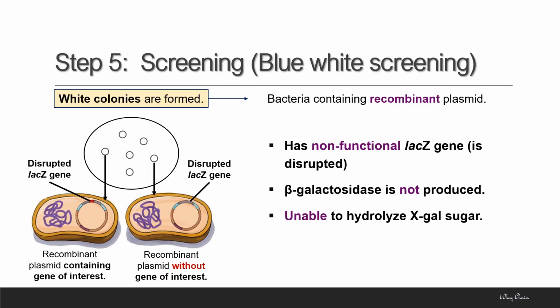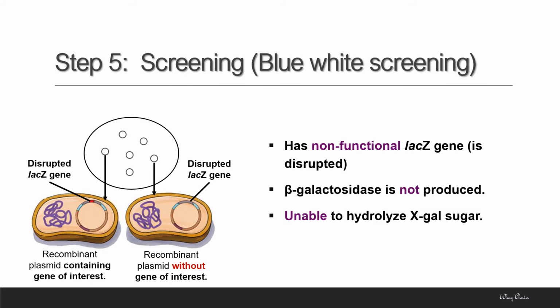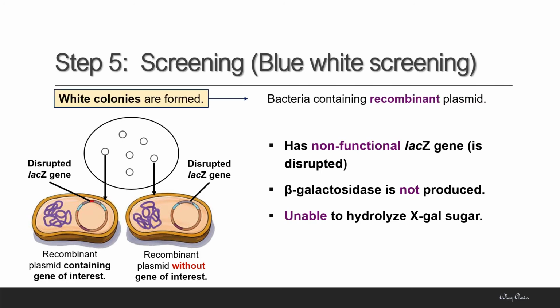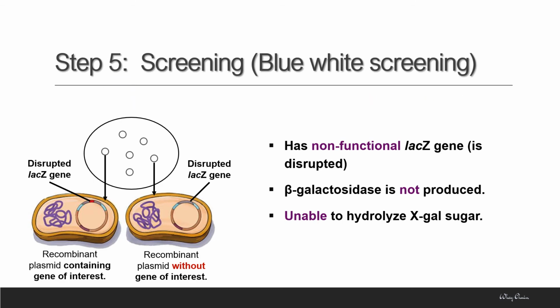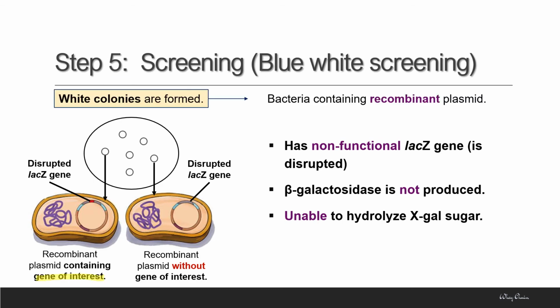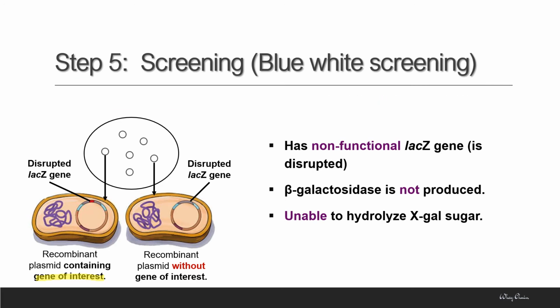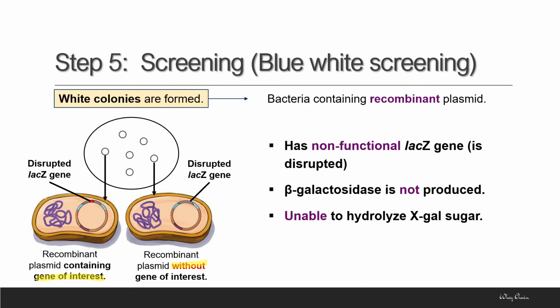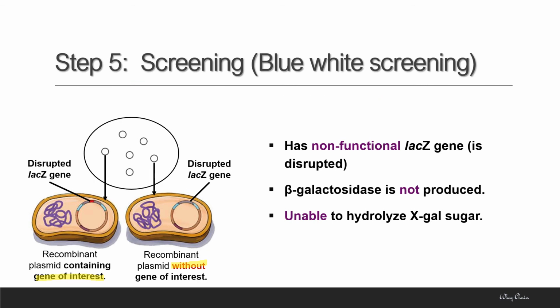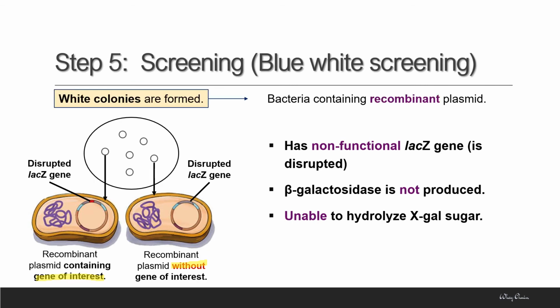White colonies consist of bacteria carrying recombinant plasmid. The recombinant plasmid can be the plasmid containing the foreign gene that contains the gene of interest, or the recombinant plasmid can carry the foreign gene without the gene of interest. No matter which type of recombinant plasmid they are, as long as it has been inserted into the cloning vector, they have disrupted the Z gene.